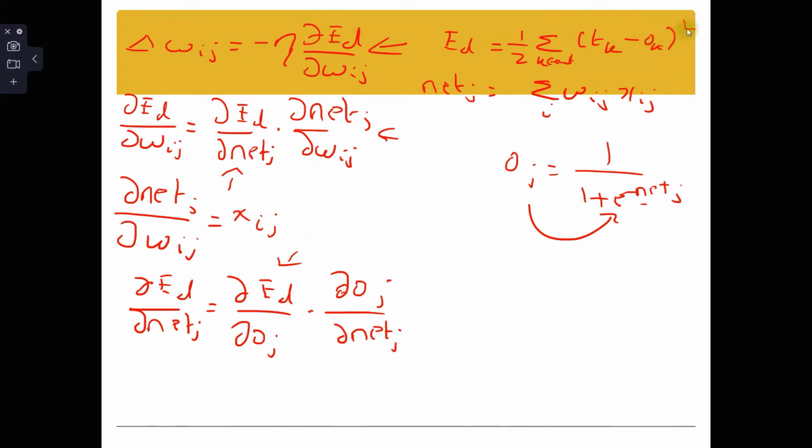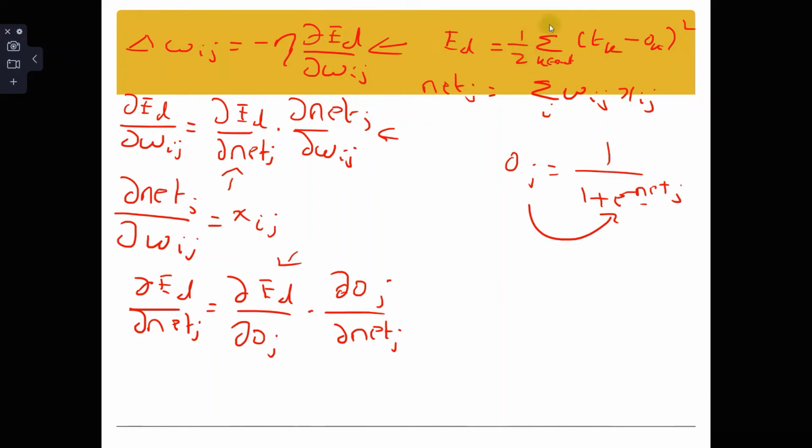You differentiate that, so the 2 comes down and the half disappears, leaving you with only the term of interest, that of j, because k represents j. So you have the sum of tj minus oj, multiplied by the derivative of oj.